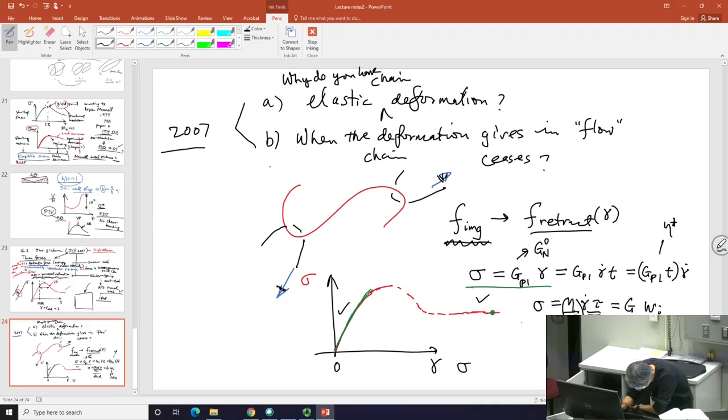For extension, it turns out that you can just use the so-called neo-Hookean type, or rubber elasticity type, of expression. If this is true stress, then it's this.